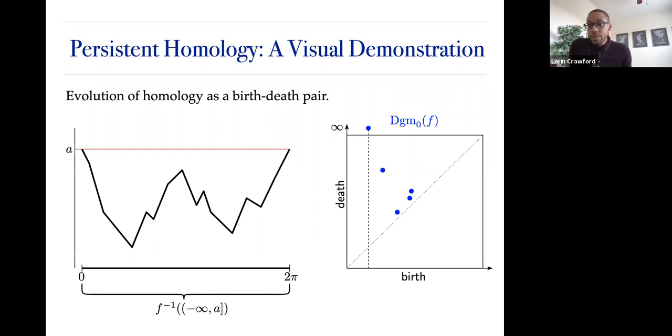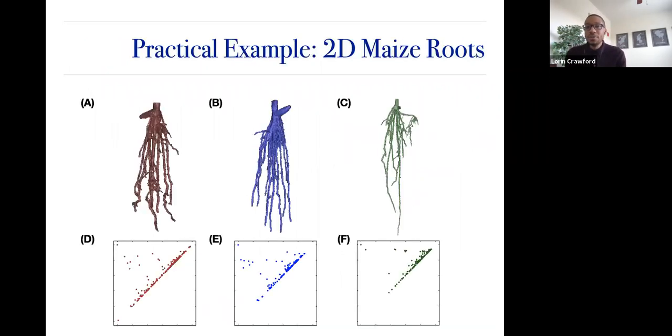Okay, so you might be asking, how can I actually use this in practice? So here's an example on 2D maize roots. What's really interesting about corn actually is you can study the topology of roots across crosses of yield across corn, and that's actually a really good predictor of how much yield that corn is going to actually produce.